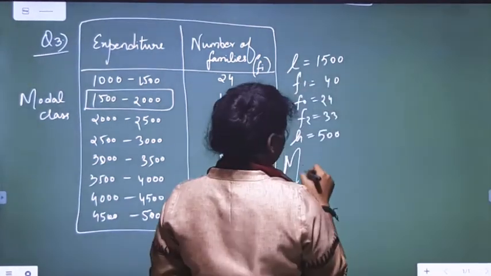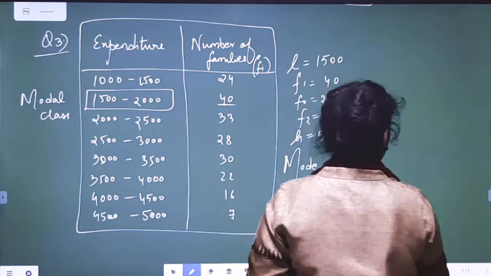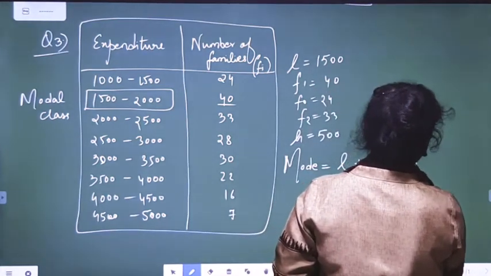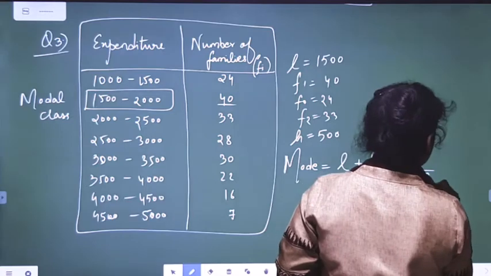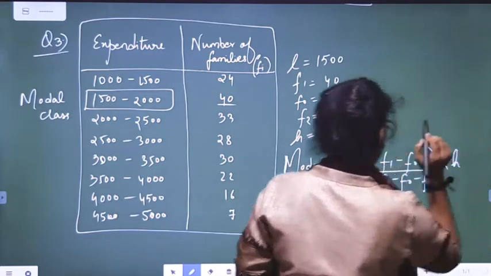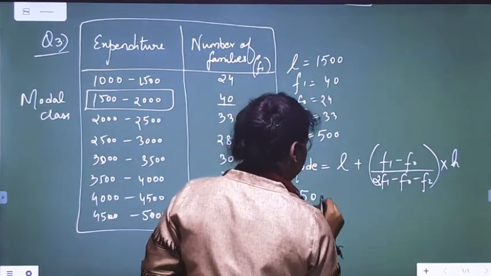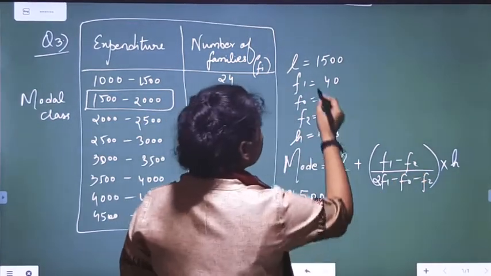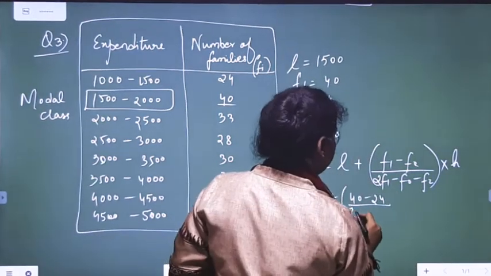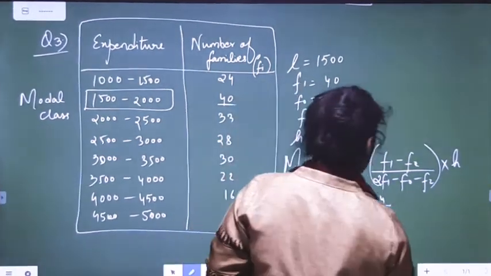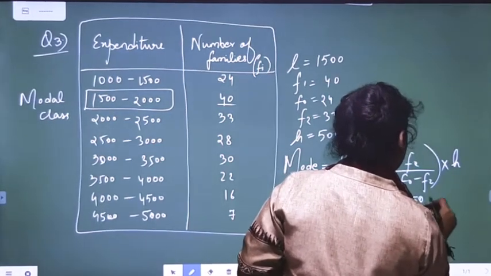So for the calculation we apply the formula mode equals L plus F1 minus F0 upon 2F1 minus F0 minus F2, into H. Keeping all the values in this formula, 1500 plus 40 minus 24 upon 80 minus 24 minus 33, into 500.